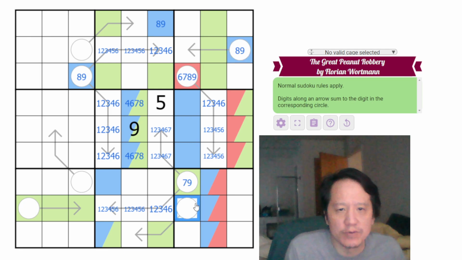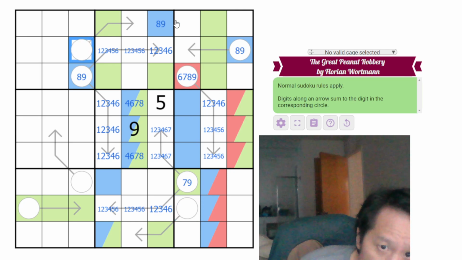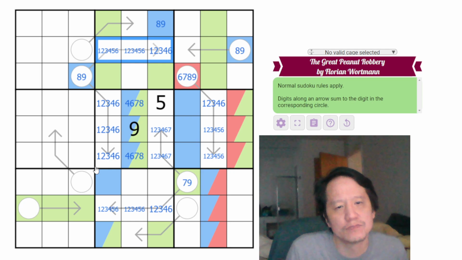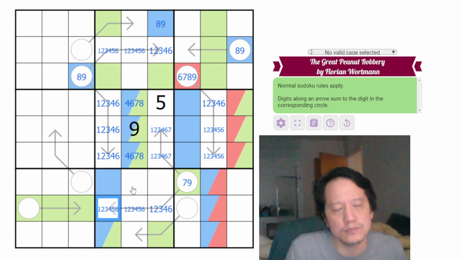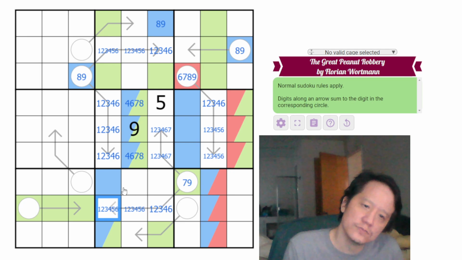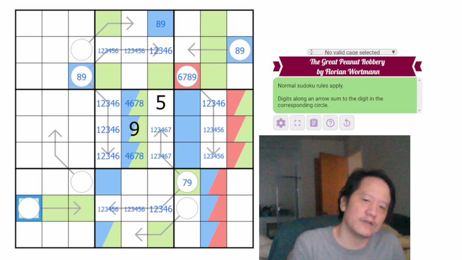This can't be blue. This can't be blue. Well, red could be here. So this has to be 7, 8, or 9.